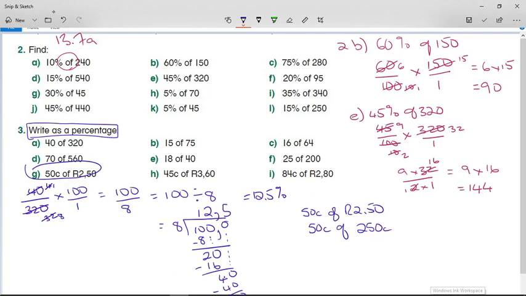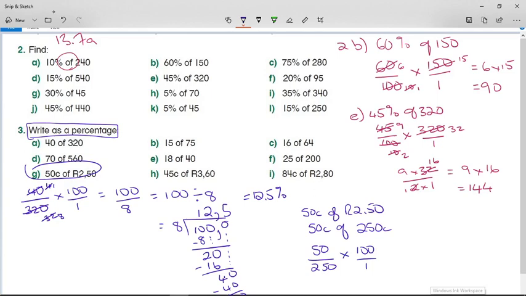So now that my units are the same, I can say 50 over 250, and if I write it as a percentage, remember a percentage is just a fancy fraction, so I multiply by 100 over 1.